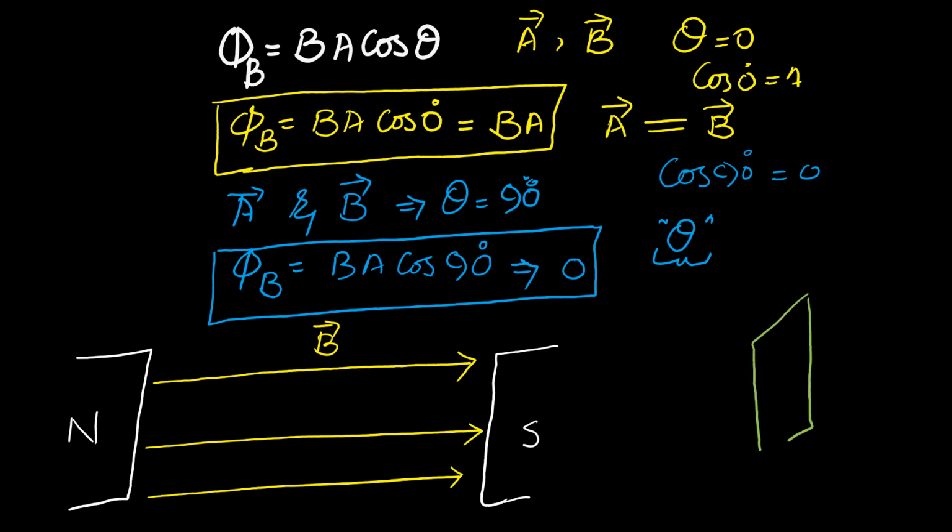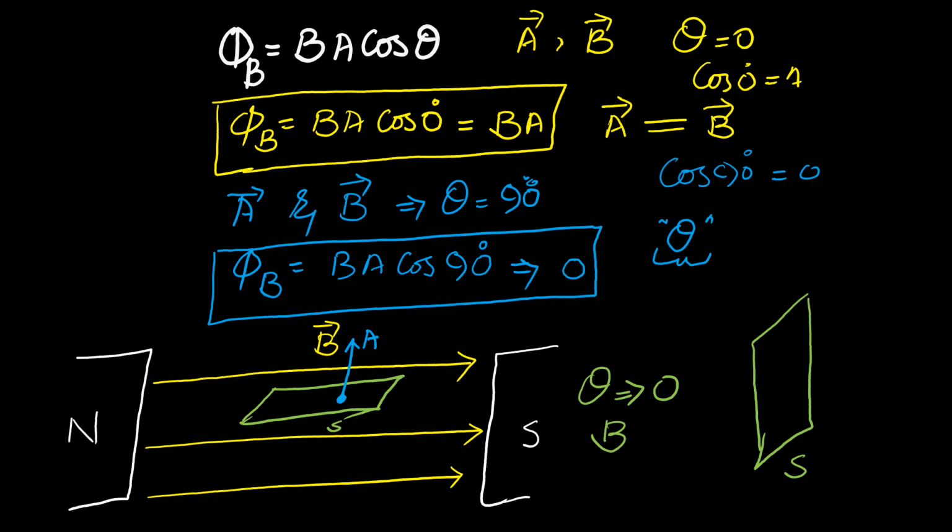This is a surface S, and suppose this surface S becomes parallel to the magnetic field line B. In this situation, the area vector A becomes perpendicular, since you know that the area vector is always perpendicular to the surface.